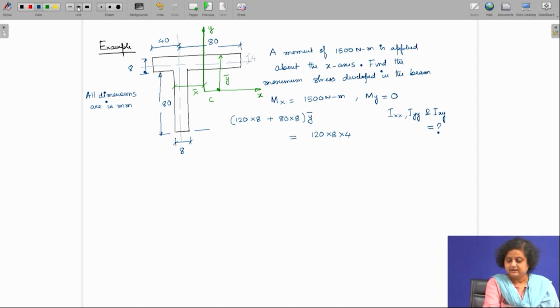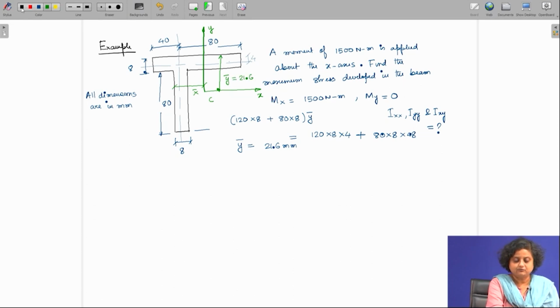So, we can say that this is 120 into 8 into 4 measured from the top portion, plus for the vertical portion we have 80 into 8 into, we have this as 40 plus 8, that is 48. So, if we do the calculation, then y bar is going to be 21.6 mm. So, this is going to be 21.6.